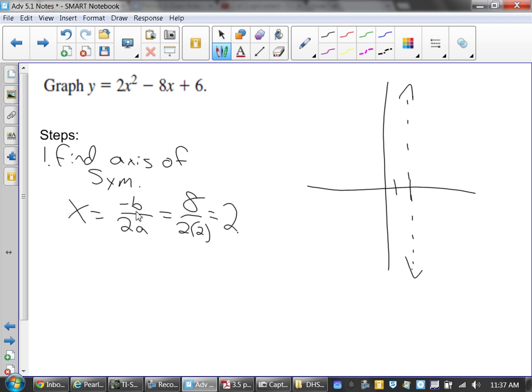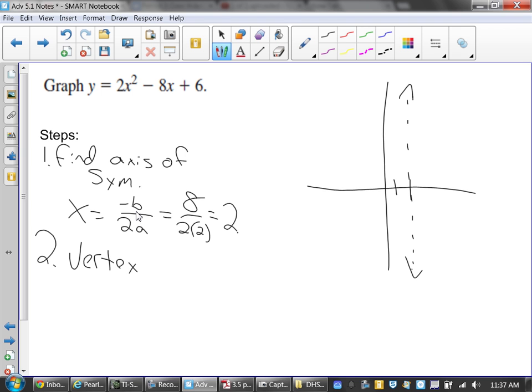But with that axis of symmetry, there's always going to lie one very important special point: the vertex, the maximum or the minimum. Now in this case, we know this is going to be up like a cup, so we call that its minimum. It's up because it's a low point. In order for us to find our vertex, what's the x-coordinate going to have to be at the vertex here? 2.